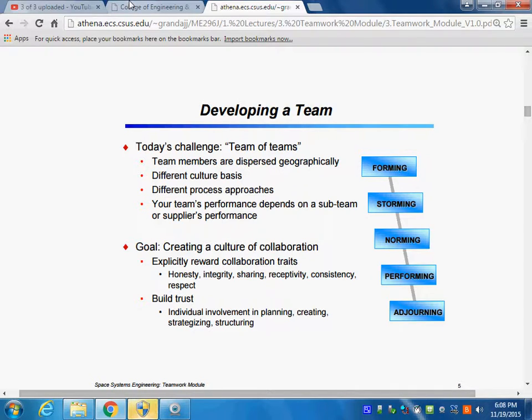Okay, here you say you have to work with honesty, integrity, sharing, receptivity, consistency, and respect. English has very powerful words to convey actions, and these are those. Build a set of trust.